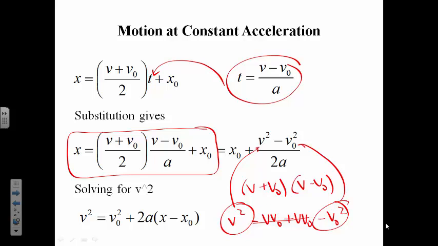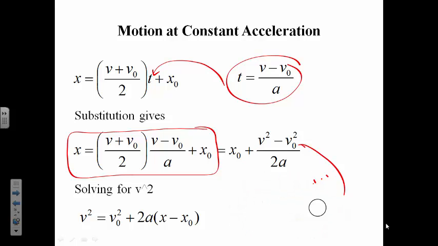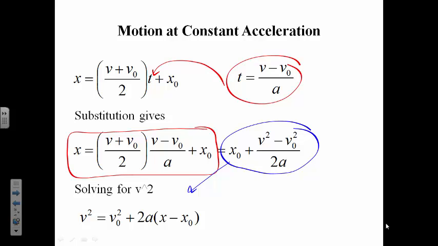And so to go from this equation here over to here, we move the x0 over to here, and that gives us our x minus x0, and that's going to be equal to v squared minus v0 squared over 2a.